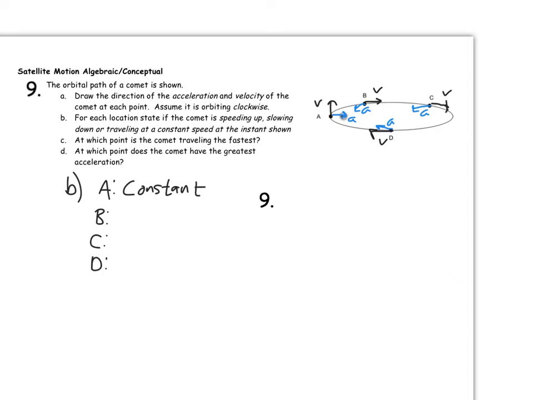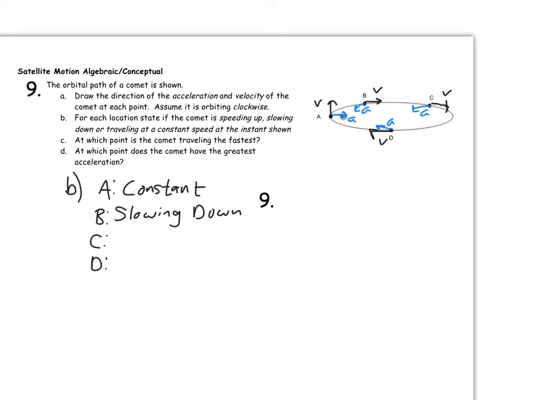At B, that is going to be a case of slowing down, and there's two reasons we know that. The first is we know that as the comet goes further away from the sun, it travels slower, and also we can just get that from looking at these vectors. That acceleration vector backwards, that velocity vector forwards, are going to lead to the comet slowing down.